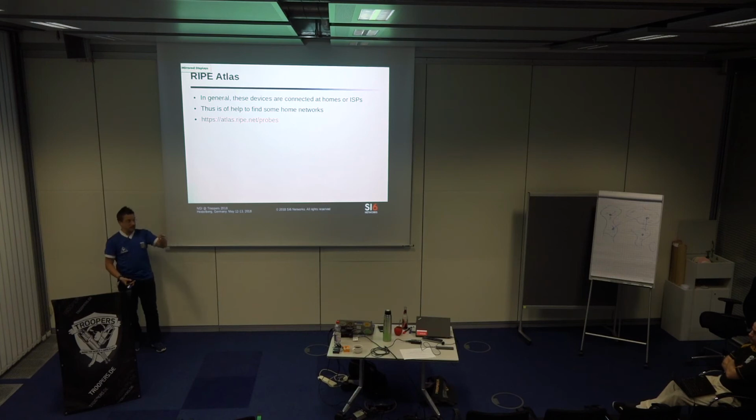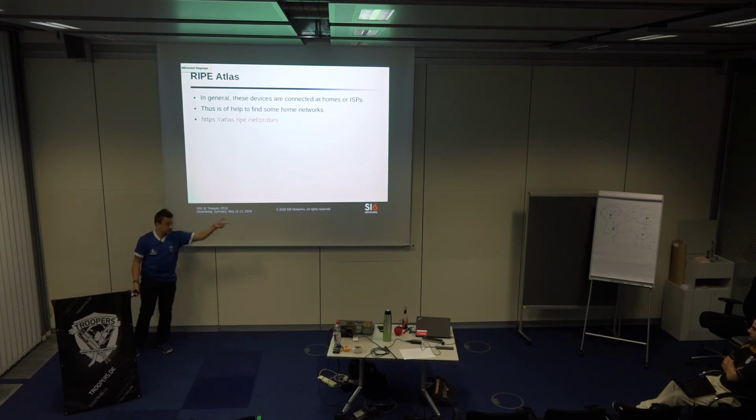What people normally do is connect the device somewhere, usually at home or at their job, okay? So the end result is that most of these boxes get connected at ISPs, because it's a technical community, so people that attend these meetings get one of those boxes and put it at the ISP or at home.